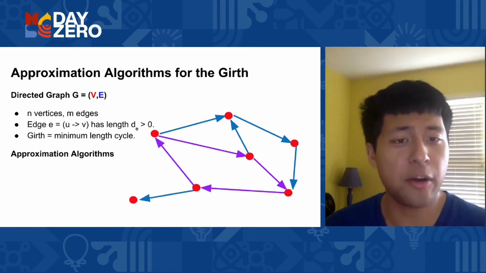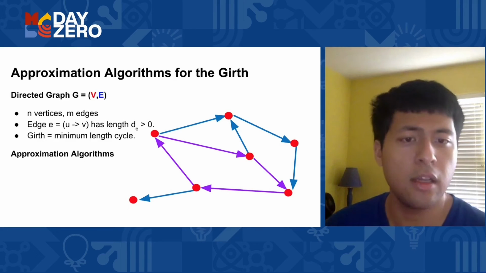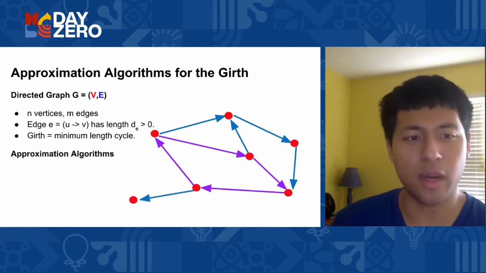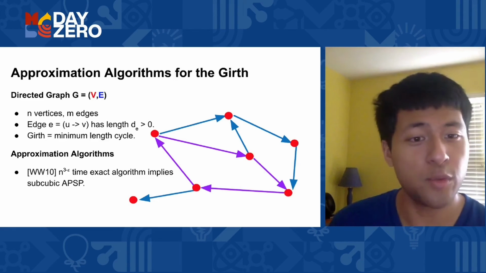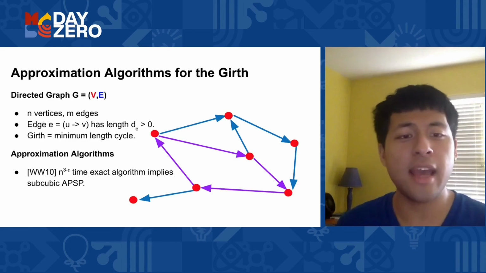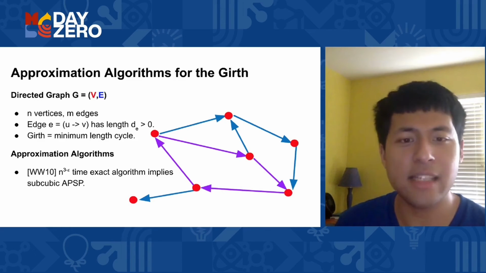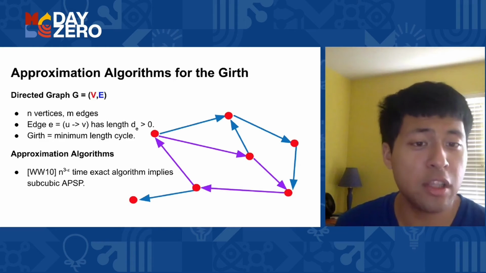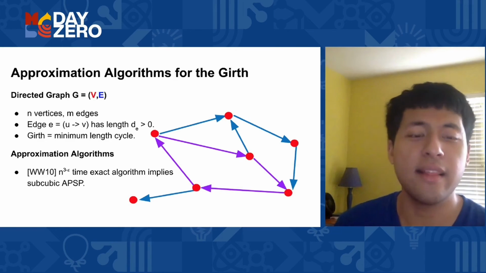The girth is a fundamental property, so it's very interesting to give algorithms to either compute it or approximate it. There's been more focus on approximation algorithms, which I'll explain why now. There's a result of Williams and Williams where they prove that if there's any algorithm that computes the girth exactly in less than n cubed time for a dense graph, then that actually means we can compute all pairs shortest paths in less than n cubed time.